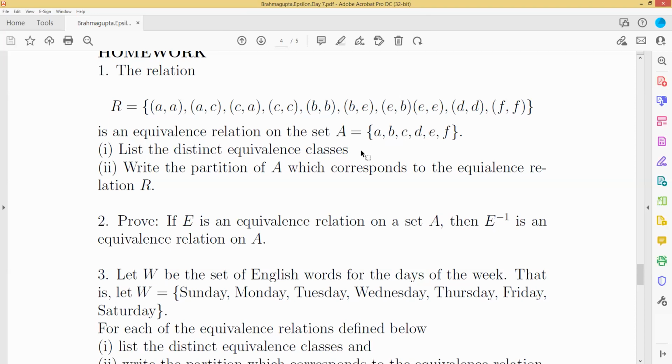Another equivalence class. Who wants to go? Raghav? Sir, we'll have B, comma E. B and E are related. So B and E will be in the next equivalence class. All right.